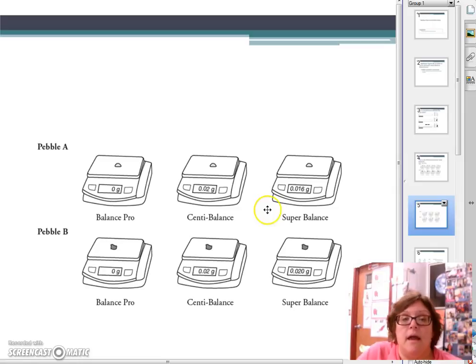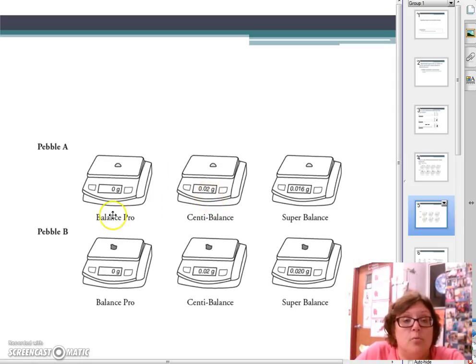All right, now we have some small pebbles. This first pebble is registering at 0. How can that be? It can't be 0. Well, what that tells us is that this is not a very precise balance. It's not measuring as precise as it could be. The centibalance is measuring, and we've got a 0.02, which means it's accurate to the 1/10th, and then the estimated value is to 1/100th.